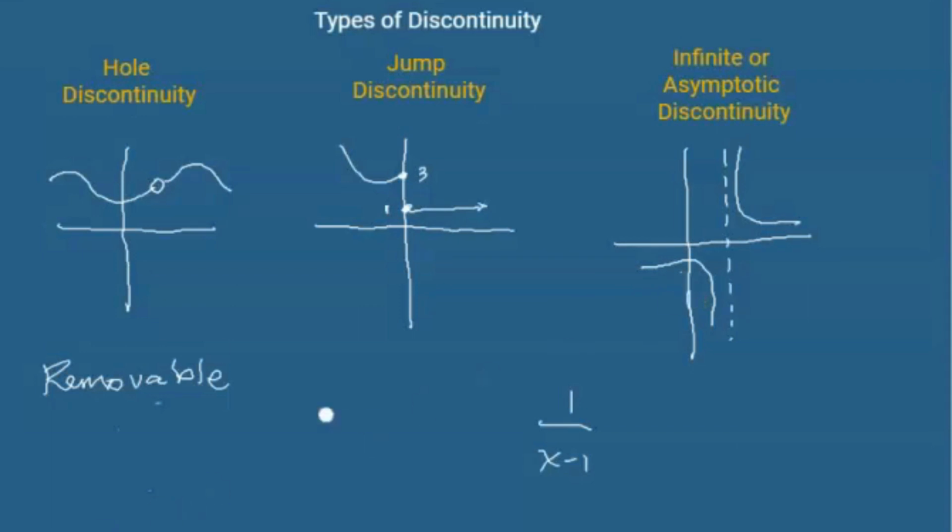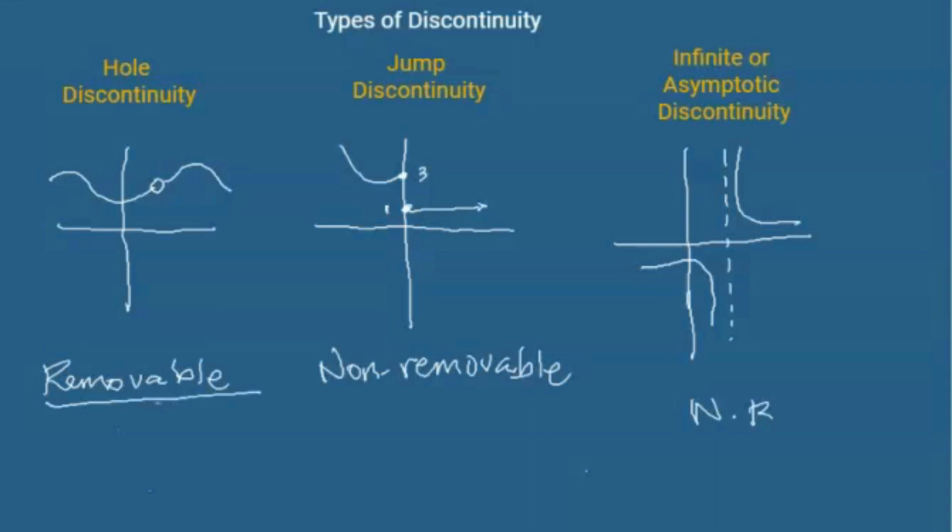Also note that jump discontinuity and the infinite or asymptotic discontinuity are non-removable. Only the hole discontinuity is removable.